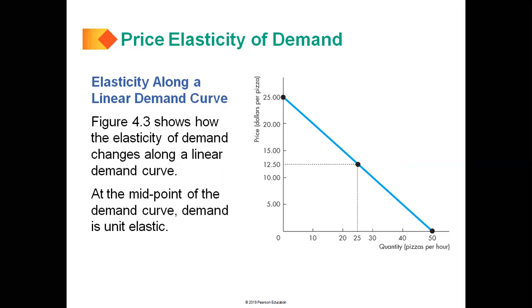width. Okay, and it's the same thing with the price. As I go down the price axis, the width is the same, but the differences as a percentage get bigger. So every point on this graph would have a different elasticity because of the mathematics.